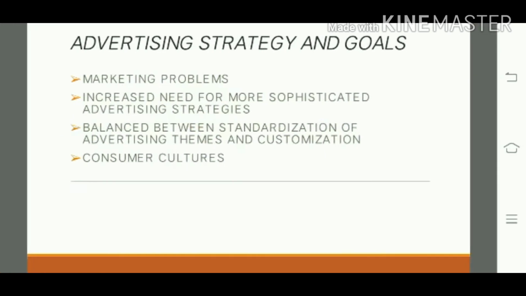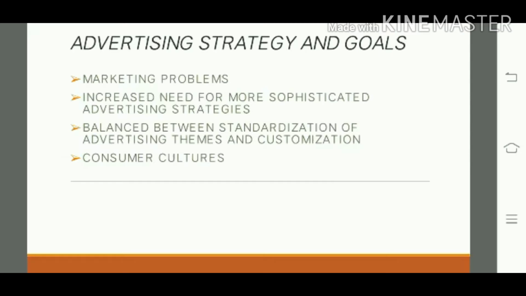Next, advertising strategy and goals. Under advertising strategy and goals, there are marketing problems, an increased need for more sophisticated advertising strategies, and a balance between standardization of advertising themes and customization for different consumer cultures.